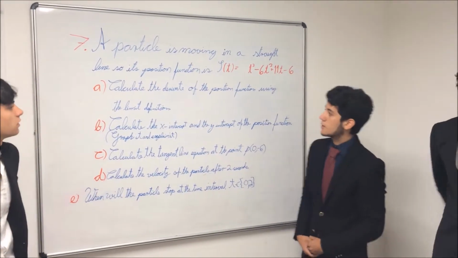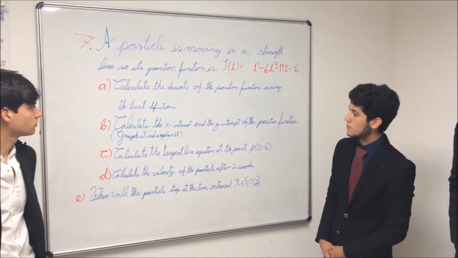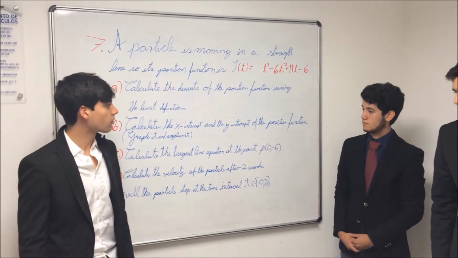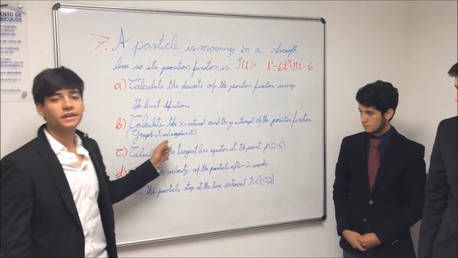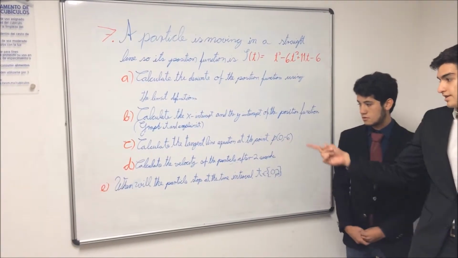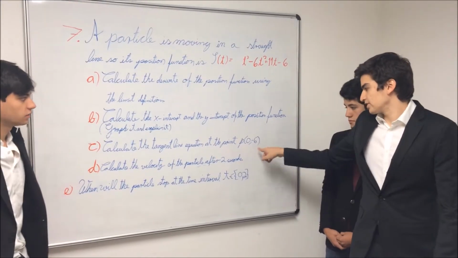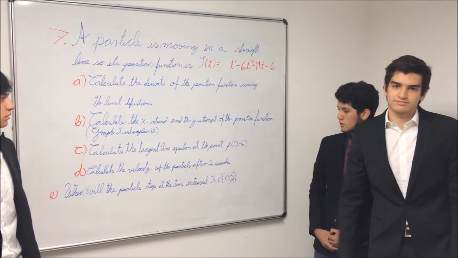Well, the problem says we have to calculate the derivative of the position function using the limit definition. Point B says calculate the x-intercept and the y-intercept of the position function. Also, you need to graph it and explain it. We will show you. Then you have to calculate the tangent line equation at the point 0, minus 6.